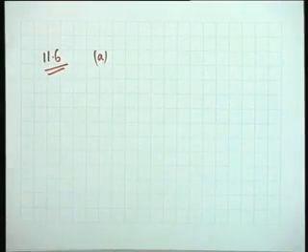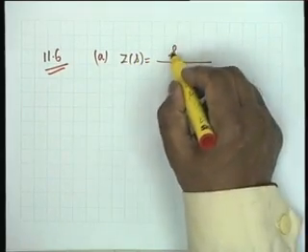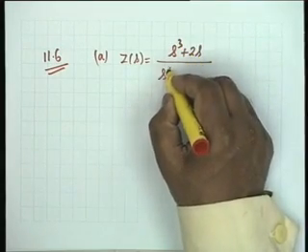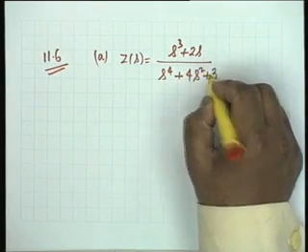Since we have not done RL yet, we can answer RC and LC. Let us see. The first function is an impedance Z of S equal to S cubed plus 2S divided by S to the 4th plus 4S squared plus 3.